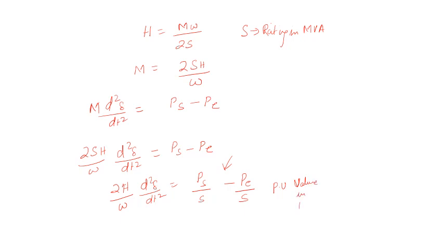You know the advantage of per unit: the actual quantity is Ps and the base value is S, and the actual quantity is Pe and the base value is S. So this equation has been converted into a per unit power equation.